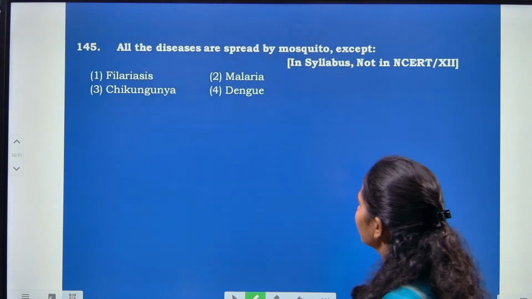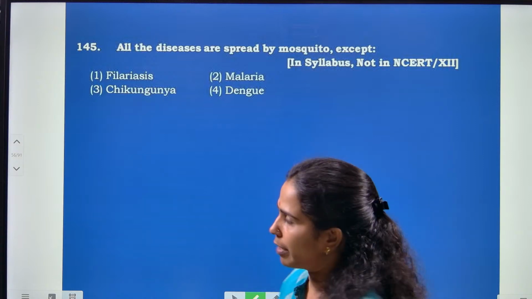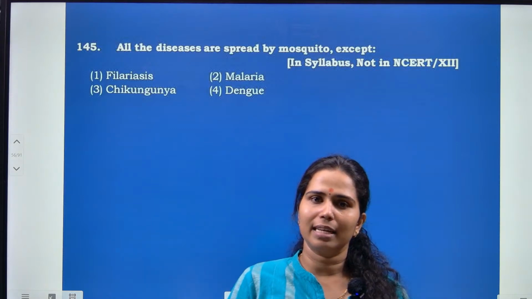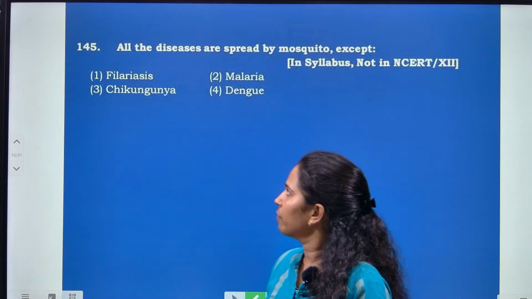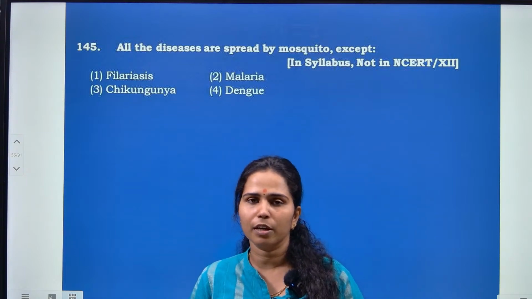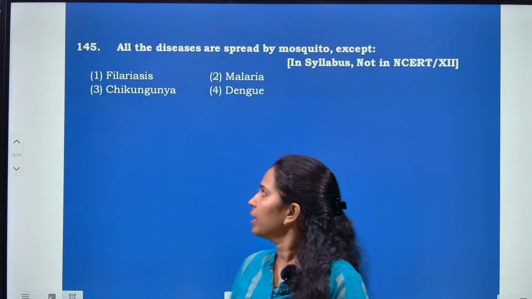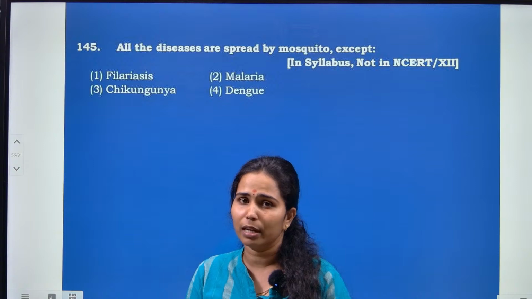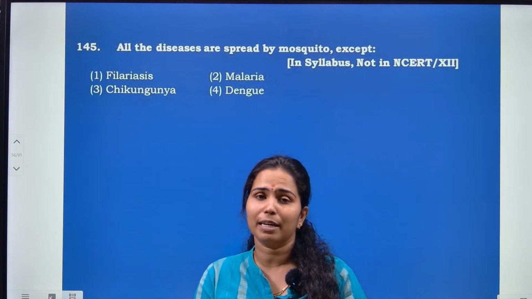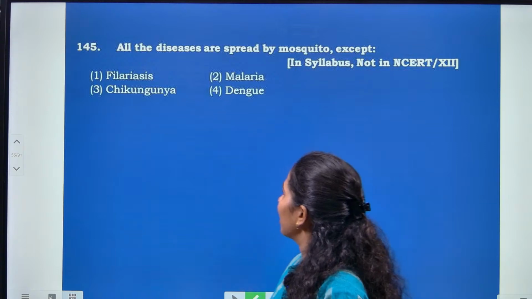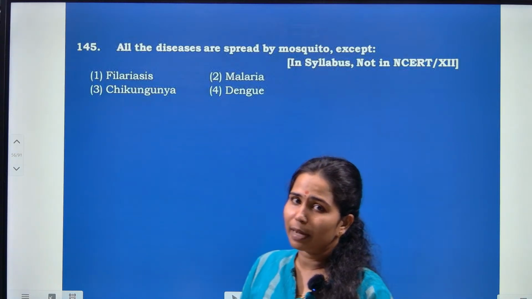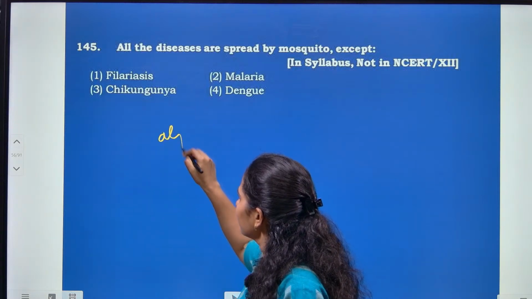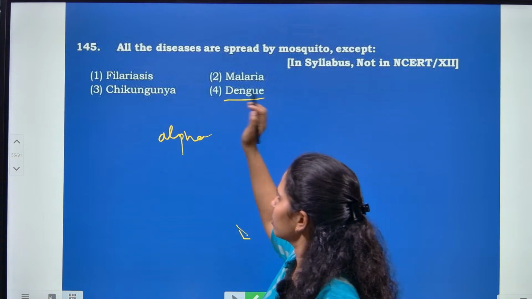Right. So all the diseases are spread by the mosquito as a vector, except one. Filariasis, also called elephantiasis, is caused by the worm Wuchereria bancrofti. The second one is malaria. Malaria is caused not by a bacteria but by a protozoan, Plasmodium vivax. Chikungunya is caused by a virus, the chikungunya virus of the genus alphavirus. Dengue is also a fever.